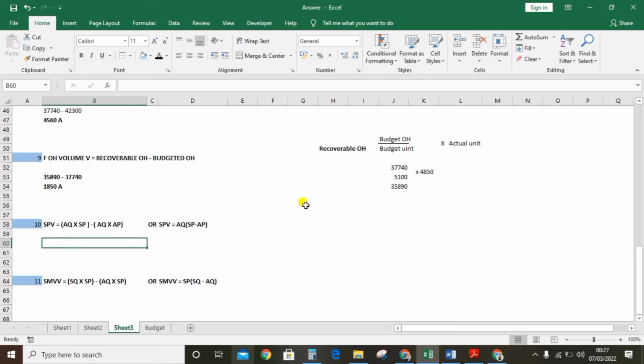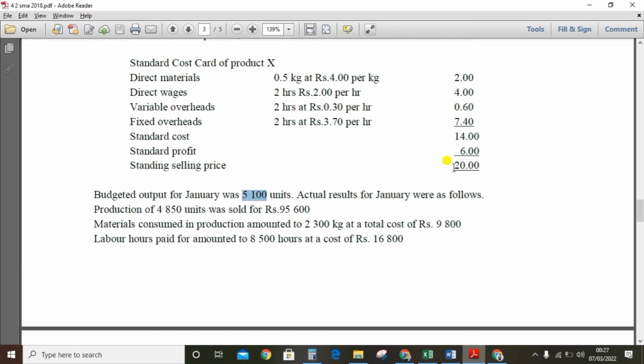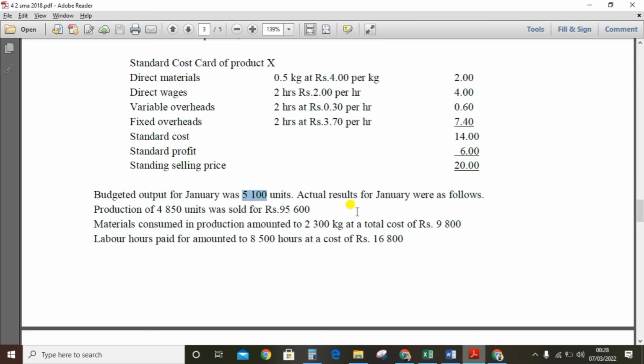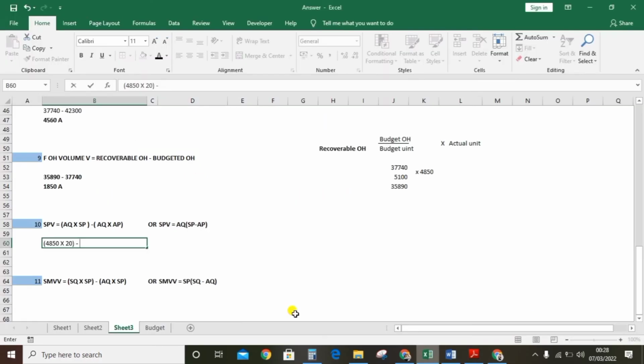Here actual quantity 4,850 into standard selling price as per the question paper, 20. Minus AQ into AP, meaning total sales value, which they gave as 95,600.